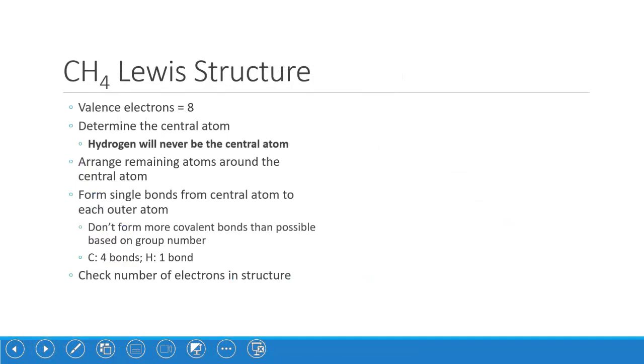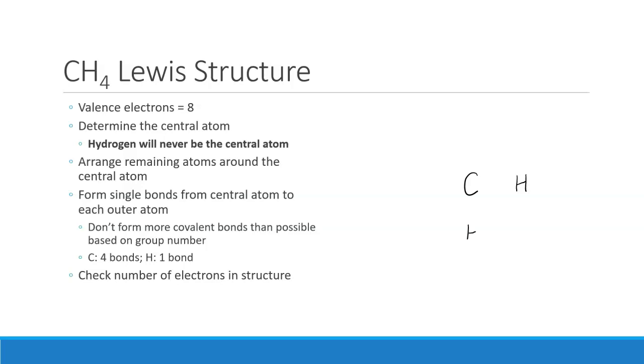Then the next step was to determine the central atom. Remember, one of the tips is that hydrogen will never be your central atom. So the only option we have left is carbon. I'm going to put carbon in the center, and then I want to arrange the remaining atoms around carbon. So I want to add those 4 hydrogens, and I tend to do it in a clockwise order, but you don't necessarily have to.